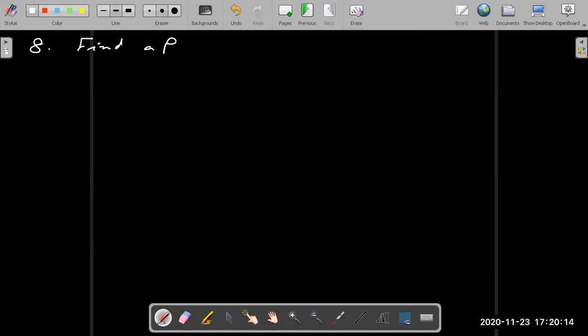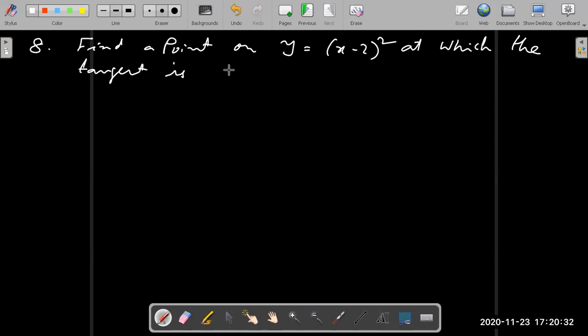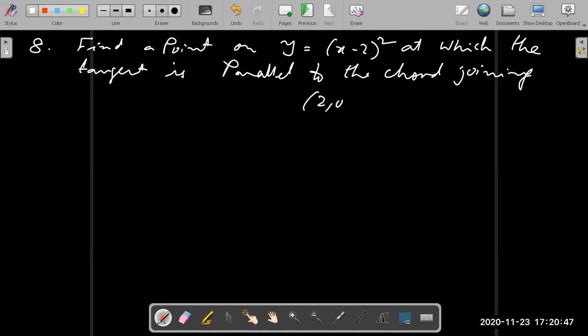Find a point on y is equal to x minus 2 whole squared at which the tangent is parallel to the chord joining the points 2, 0 and 4, 4. Chords can be even for curves, not necessarily in the circle only.